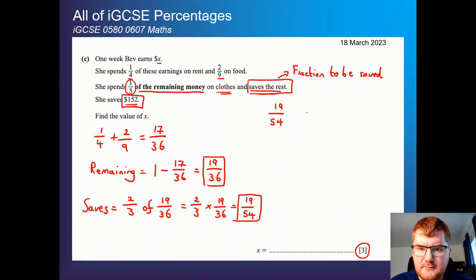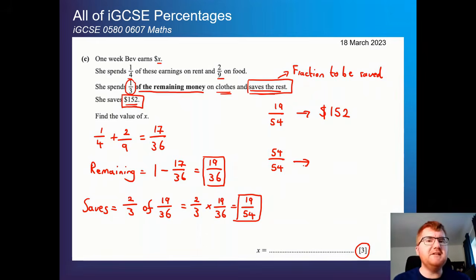Therefore, we know 19/54 is going to be equivalent to the $152, but we want to work out the whole amount. We want to work out 54/54, a whole one. Notice this process I used actually in the very first question in this particular extended question. So again, how do we get to this? Well, we can do it in the same way we did before.